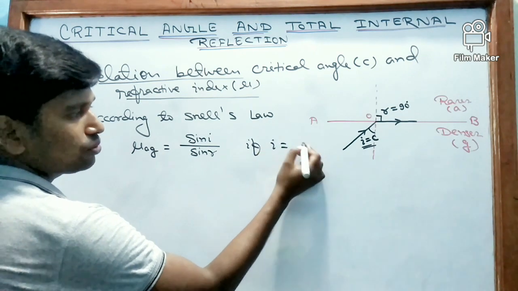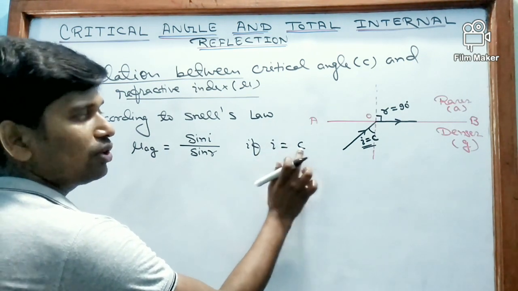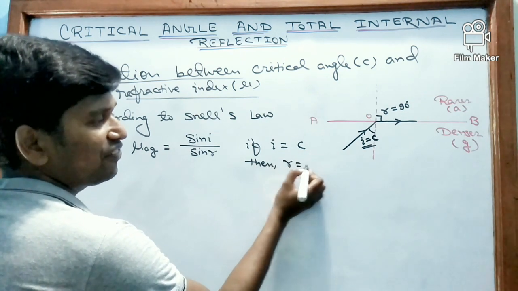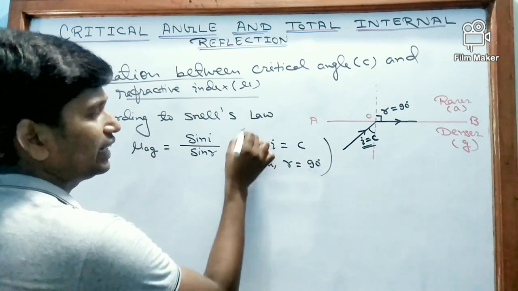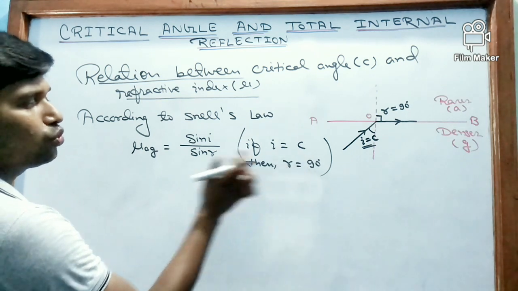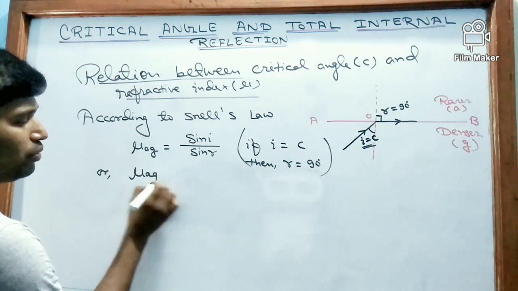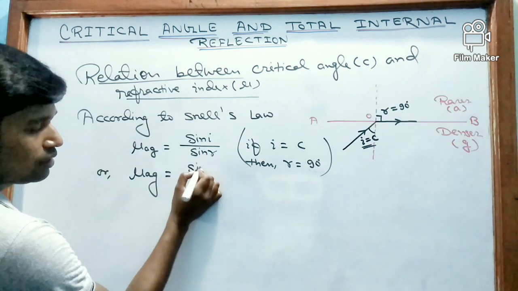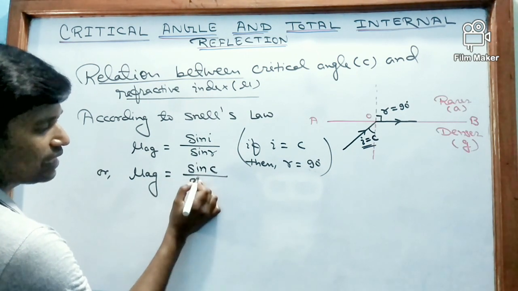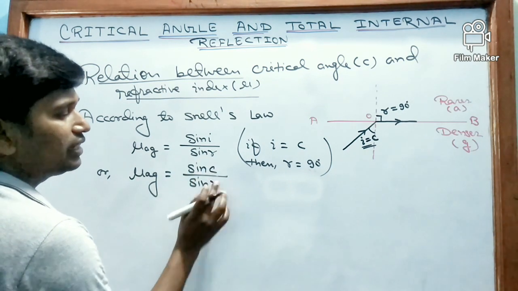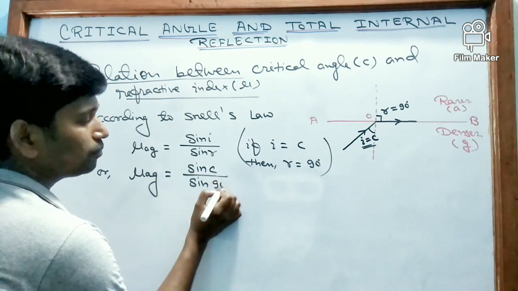If i equals C, angle of incidence equals critical angle, then we know that angle of refraction equals 90 degrees. So let us substitute these two values in this equation. We will get mu a g equals sin C by sin 90.